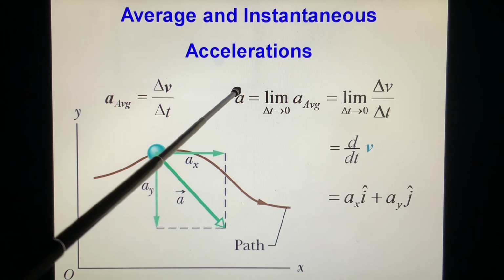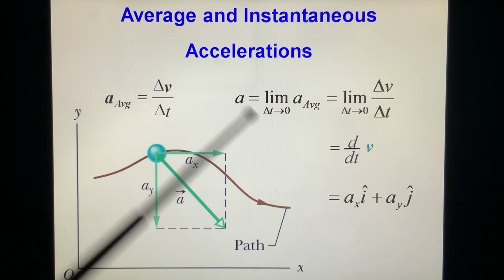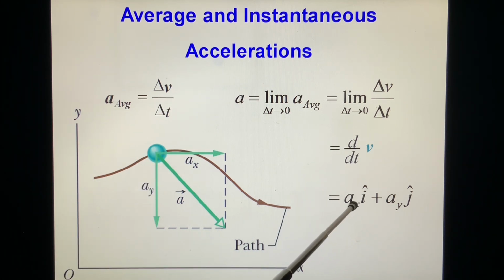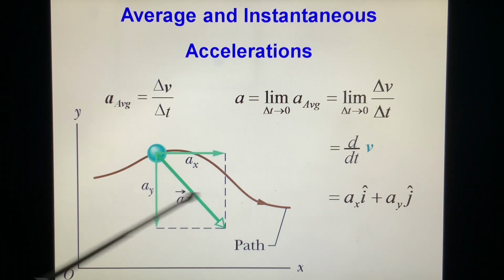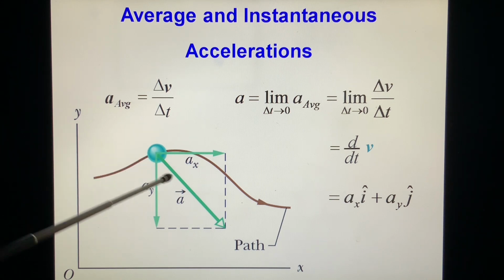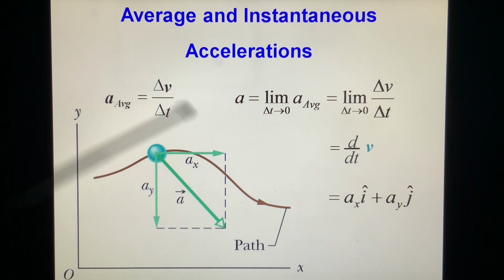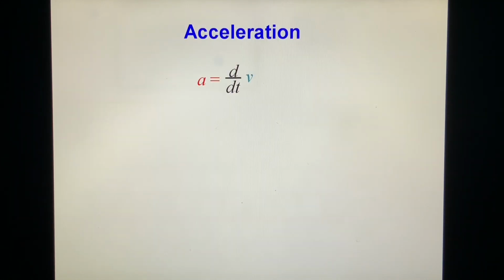And this acceleration is a vector. It will have components ax and ay. In this case, look, ax is along the positive x direction, ay is along the negative y direction, and this is a. Acceleration a equals dv/dt.